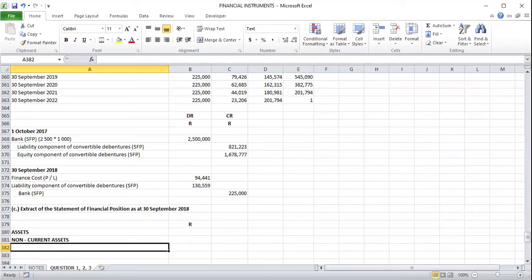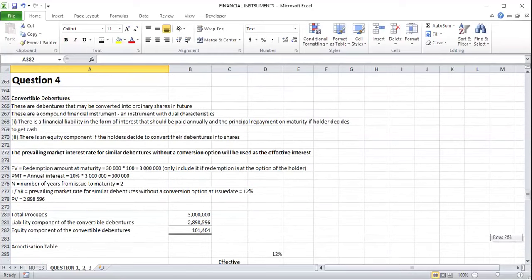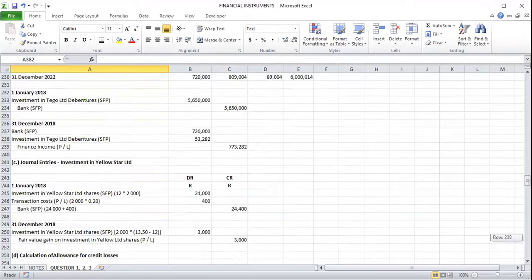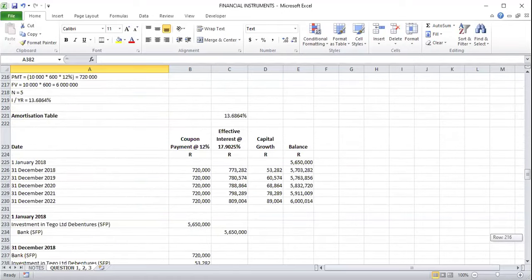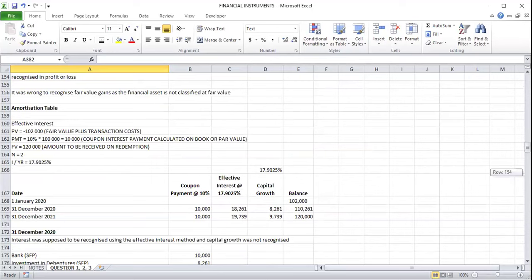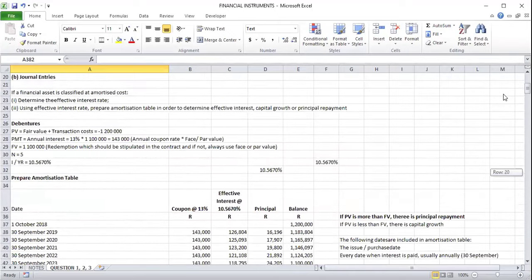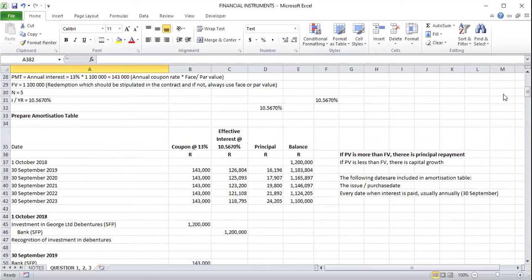Let me just go back. Like here, if it's at amortized cost, like this one here, in the year ended 2018, this one was growing. When it's growing, all of it will be non-current.